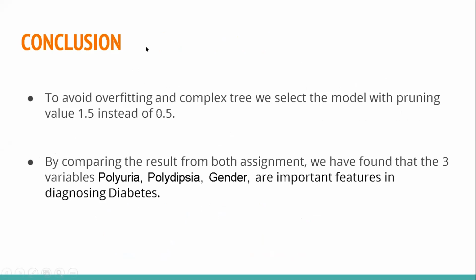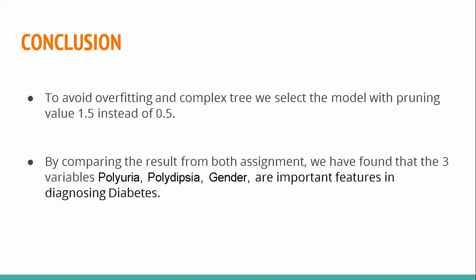Okay. So the conclusion: to avoid overfitting and a complex tree, we select the model with pruning value of 1.5 instead of 0.5. Furthermore, using pruning value of 0.5, it contains nodes with no significant split variables, the one that is circled with the dashed line.